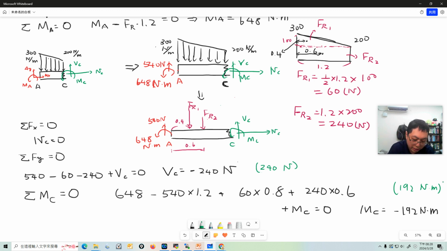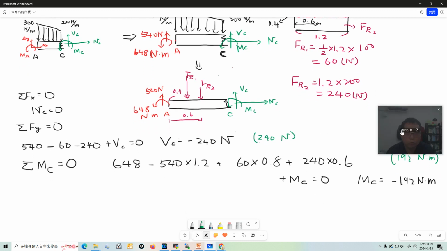That doesn't mean your calculation is wrong. You must get a reverse answer if you calculate from the right and from the left. The reason is because the whole system is in rigid body equilibrium.